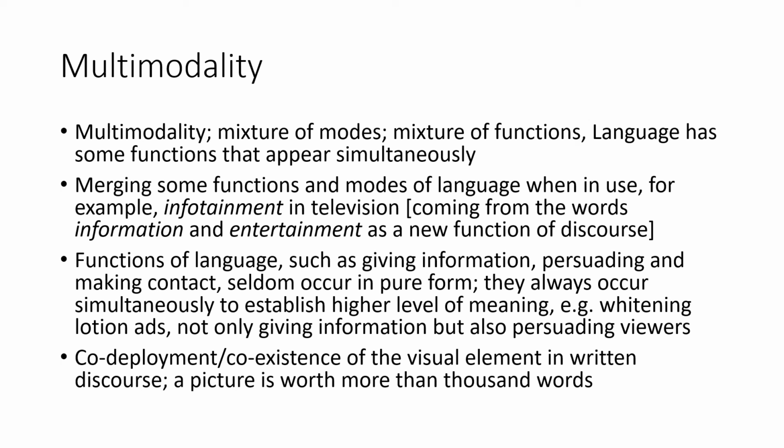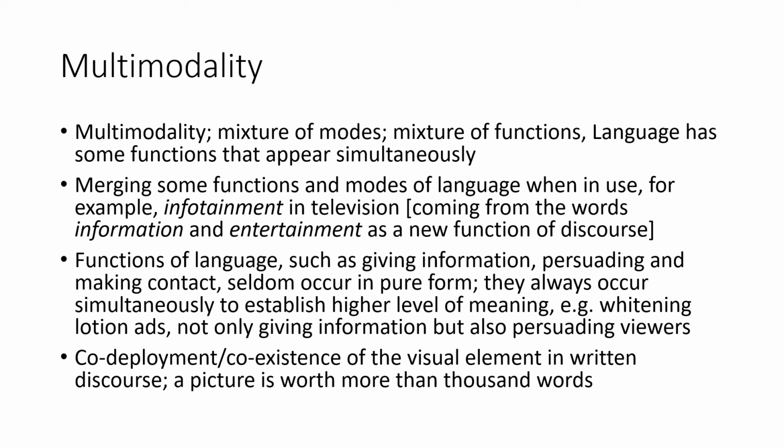One text may consist of many kinds of discourses. In a text, there is a spoken, and at the same time there is also a written, there is also an image, there is also color, and many more modes of communication. So multimodality means mixtures of modes, mixture of functions.